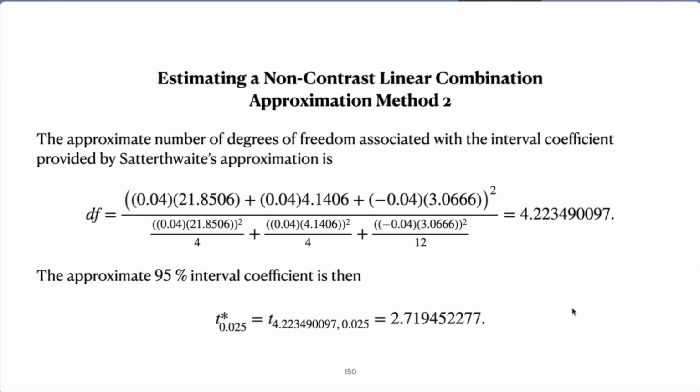And it turns out that the approximate number of degrees of freedom associated with the true interval coefficient, whatever it happens to be, is 4.223490097. And so the approximate interval coefficient is then the upper 2.5 percentage point of the t-distribution with that number of degrees of freedom. And that turns out to be 2.719452277.